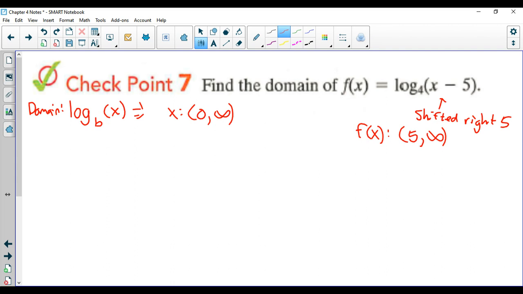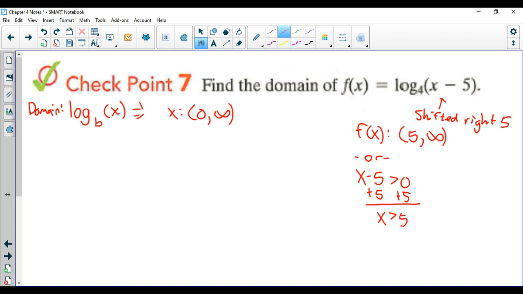If you don't like thinking of it as your parent graphs, the other way you can do it is set your number inside parentheses greater than 0. Because again, normally we're starting at 0, not equaling it. So you could do whatever's inside parentheses greater than 0, and then you could add 5. The other way is saying x is greater than 5, which gives us that same thing.